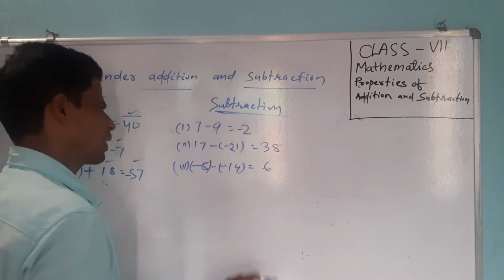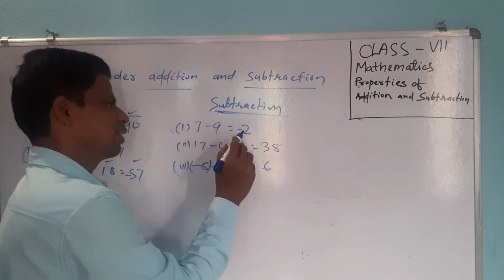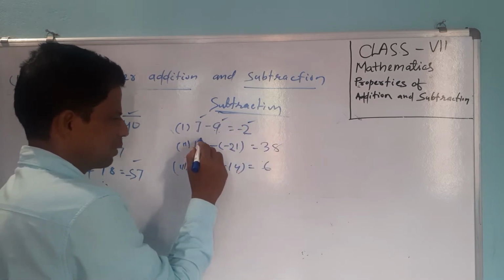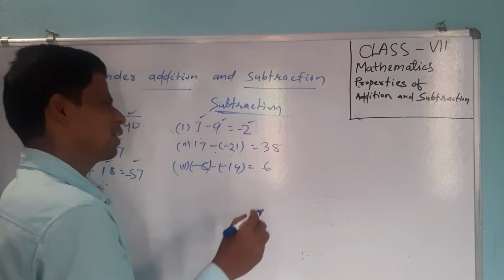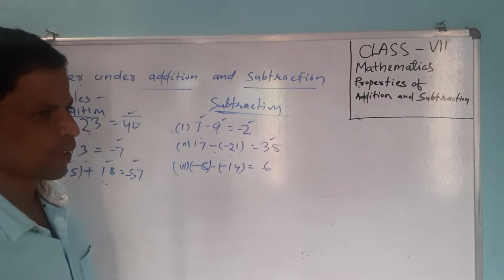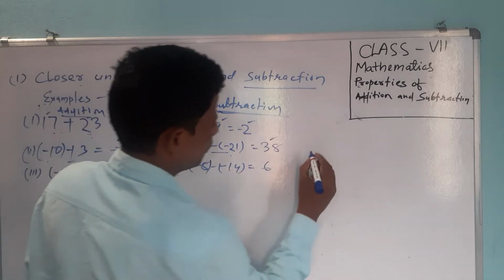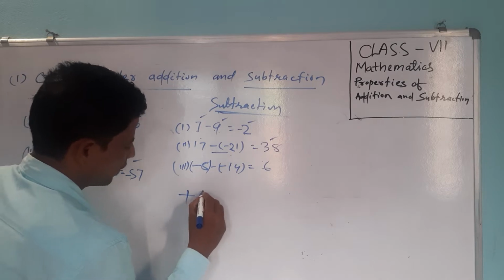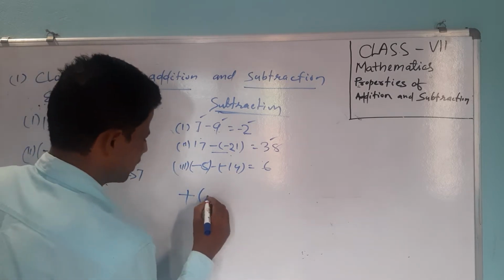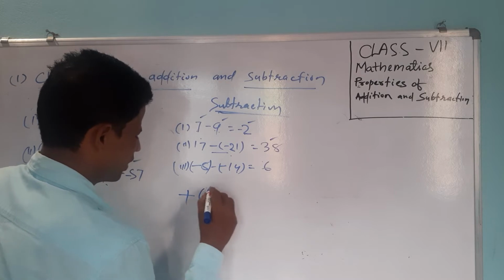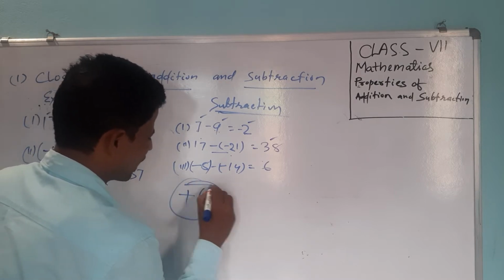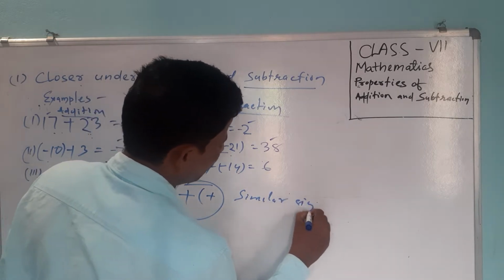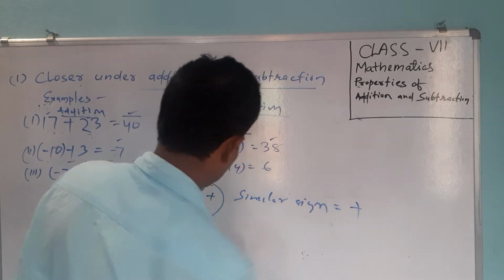In case of subtraction, 7 minus 9 is -2, an integer. Here 17 minus -21 results in 38. When we get two similar signs with a bracket in between, like this, it becomes plus.